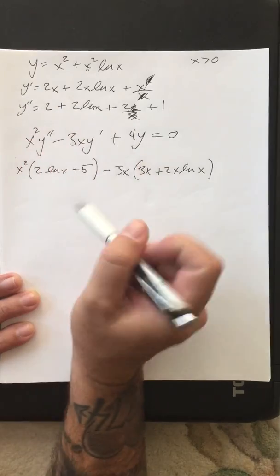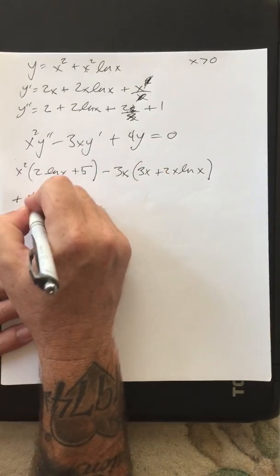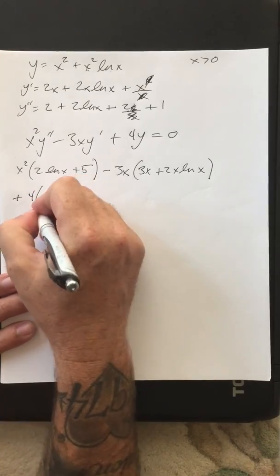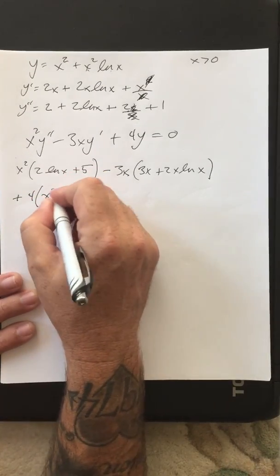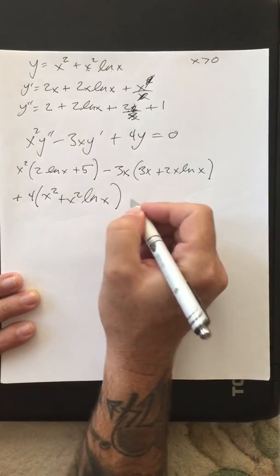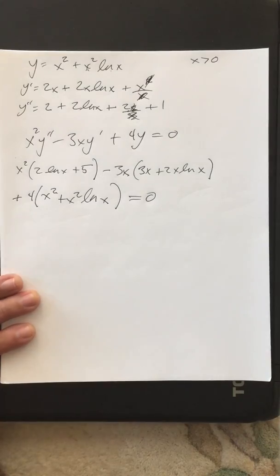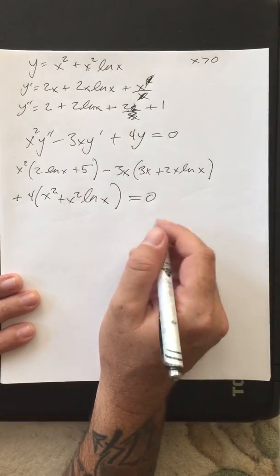Then you have your function. So plus 4 times y, which is x squared plus x squared log x, equals 0. So let's multiply these things through. Let's distribute them through.